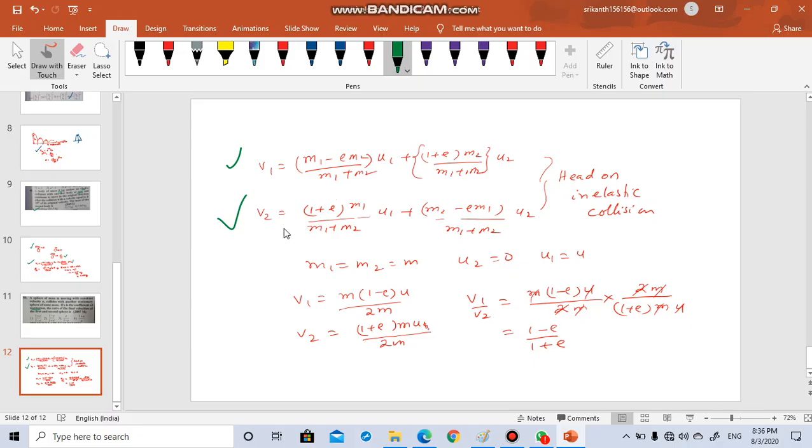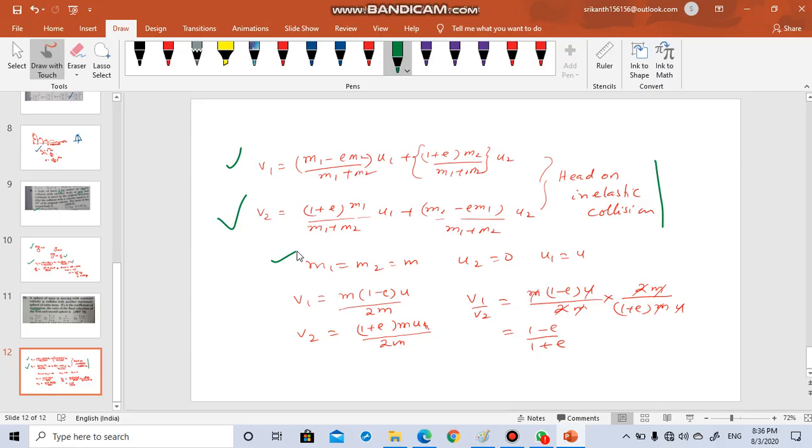So you have to replace 2 by 1 plus e and m2 by em2. This is the change you have to make. This is the formula for head-on inelastic collision. So note the difference. In this question he has provided e, which means you have to use the formula for head-on inelastic collision. From here onwards it is straightforward.